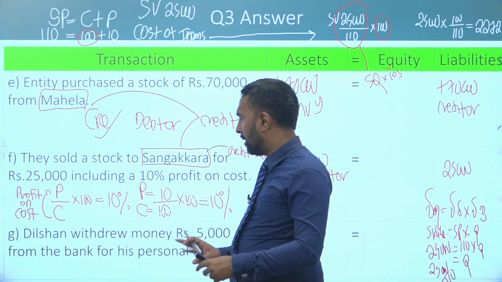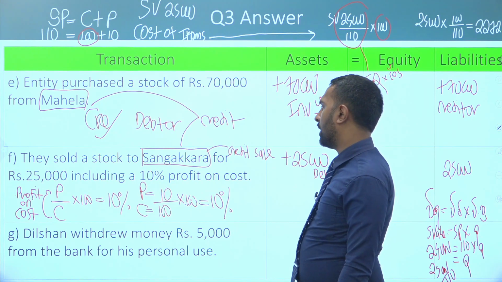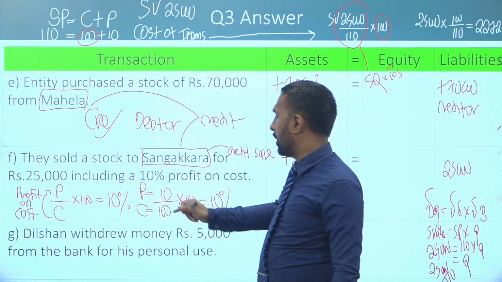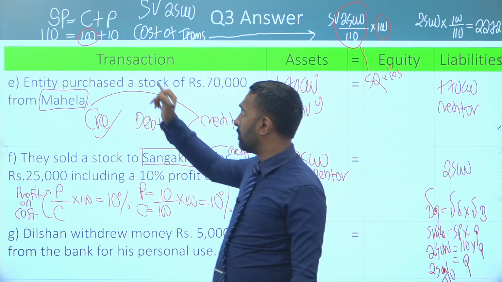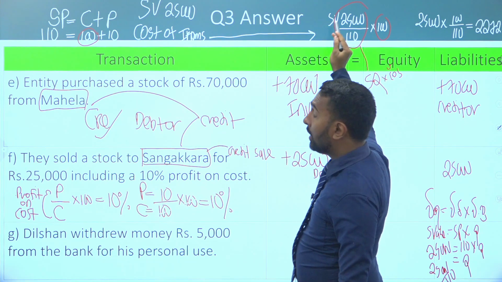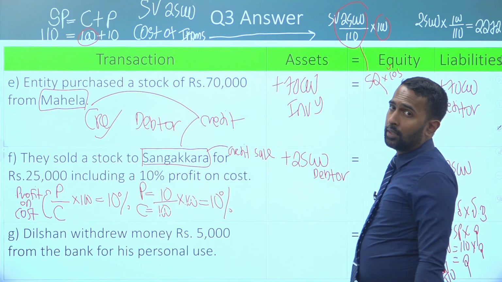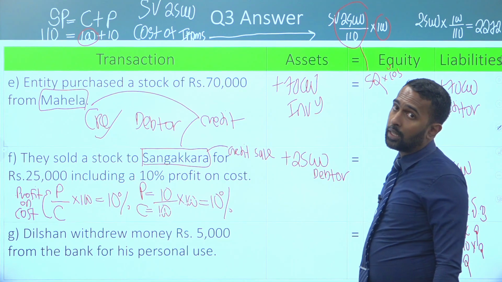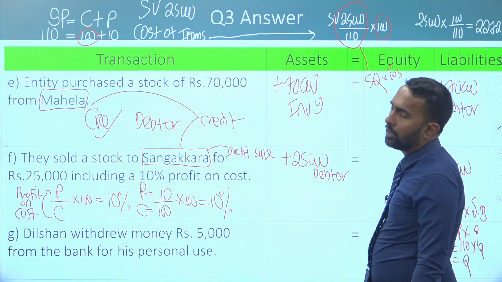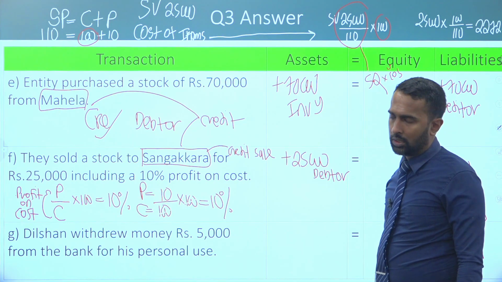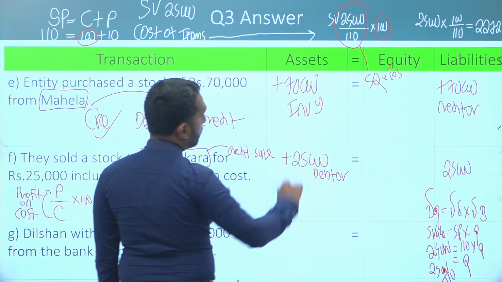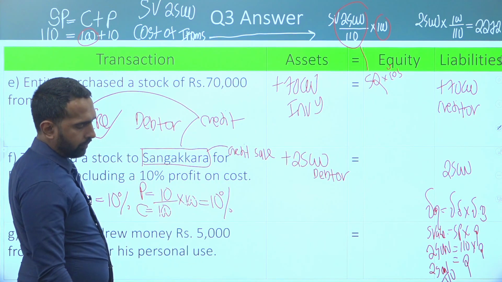From the given information, we worked out unit cost 100, unit profit 10, then unit selling price 110. If the total sale value is 25,000, divided by the unit selling price gives the sales quantity, multiplied by the unit cost gives the total cost, which is 22,727.